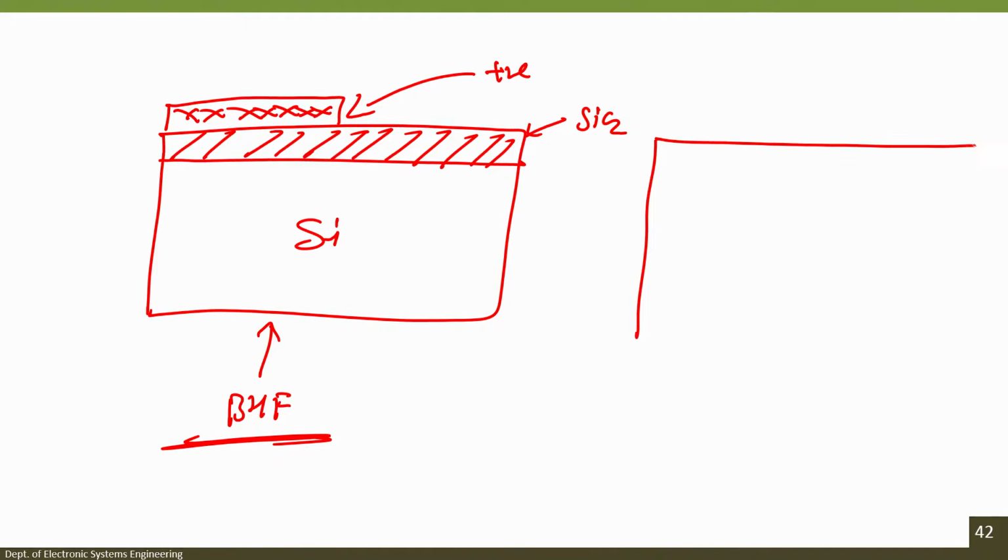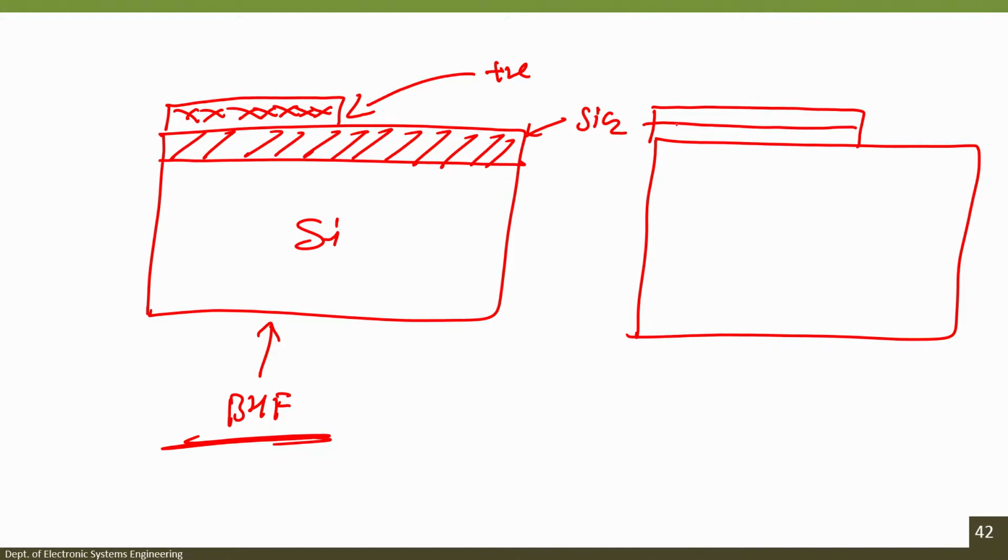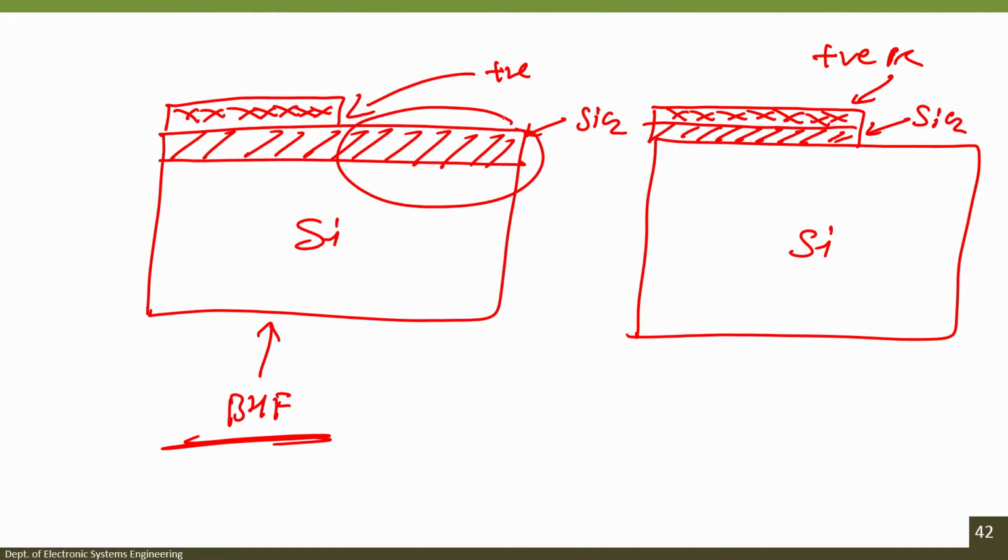I will have this positive photoresist, silicon dioxide, silicon, right. You can see that silicon dioxide from this region got etched, but the silicon dioxide that was protected by positive photoresist is intact.